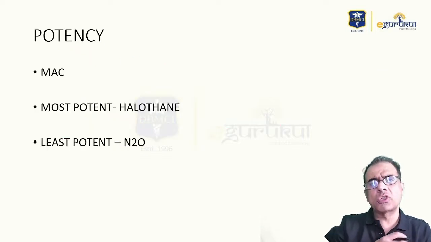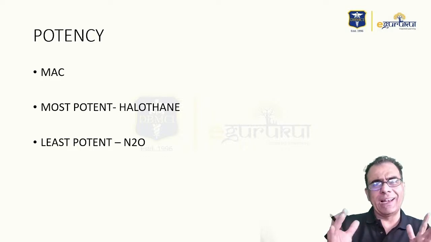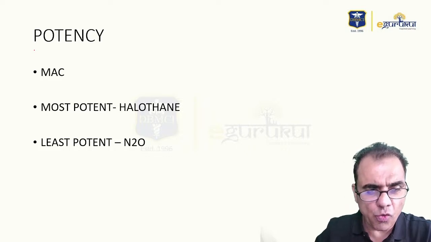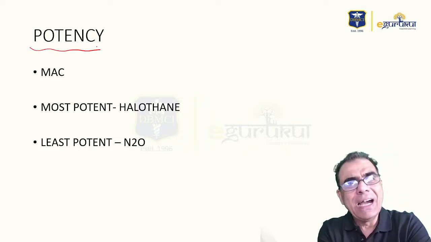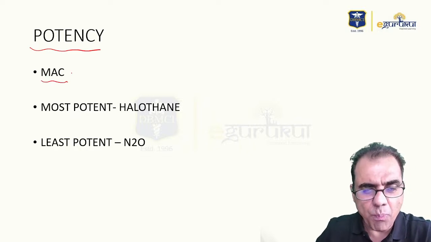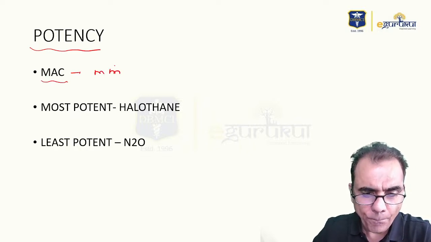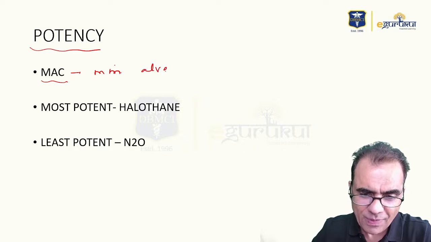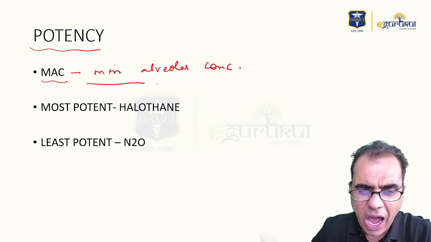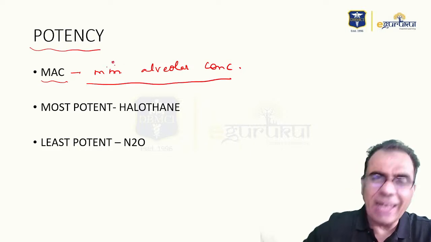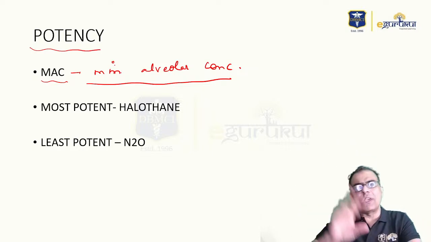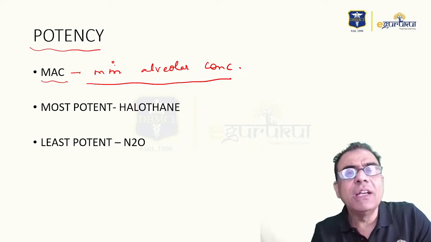So the two most important properties of volatile agents, there are many properties, but the two most important that you should know: one is the potency. Potency is determined by its minimum alveolar concentration. You know how we determine the potency of any drug? By its minimum concentration which produces effect in 50% of the subjects.